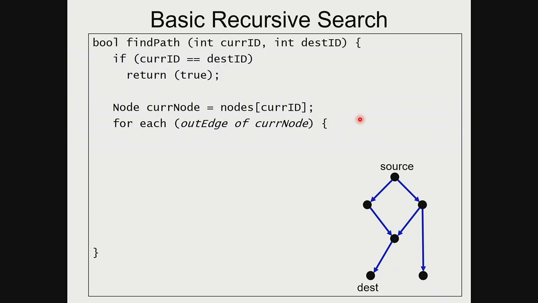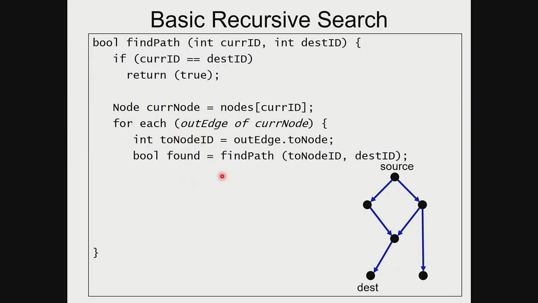You have methods from milestone 1 that allow you to do that. For each of these edges, we now call find path again, where the current ID is now that neighboring intersection. If we found that, then we return true. If we go over all of the children and we end up not finding anything, then we return false.